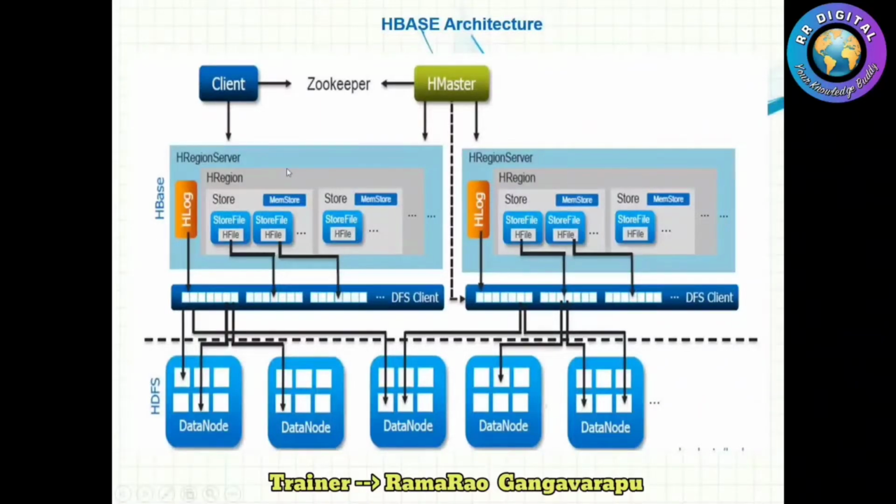Each data node contains one H region server. Like in HDFS we discussed, right? Each data node contains one individual task tracker. Here also each data node contains one H region server. So if you have n number of data nodes, then you have n number of H region servers.